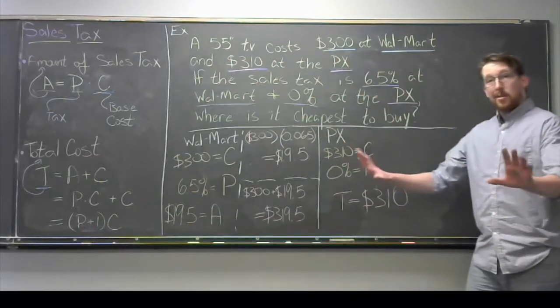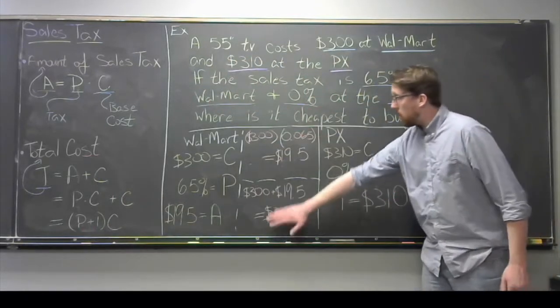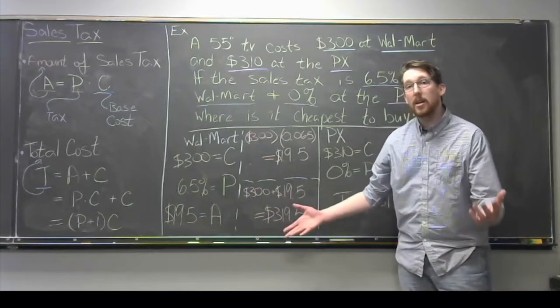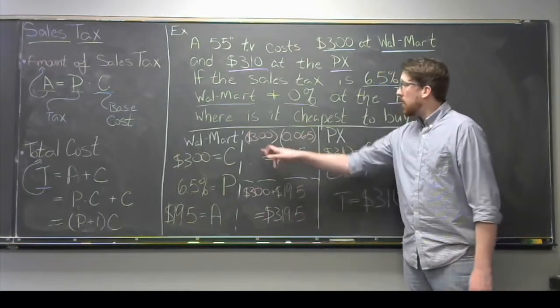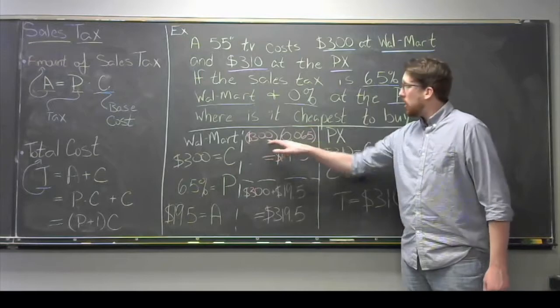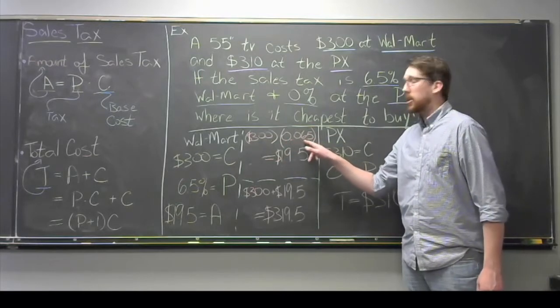So instead of doing all of this, we could have made it a little bit easier on ourselves and multiplied 300 by 1.065.